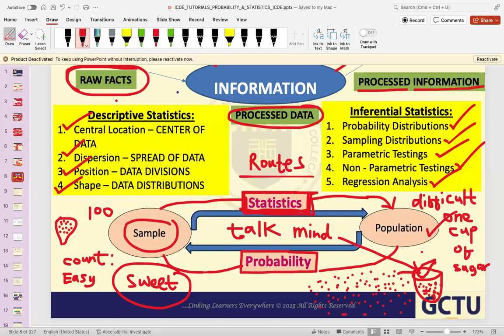You get the sample. So the way you can always have a sample from a population means you need to move through the route of probability. Probability brings you from population to sample. And then statistics also takes you from sample to population.